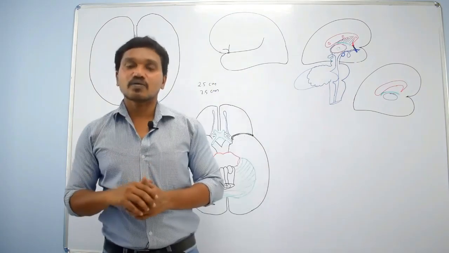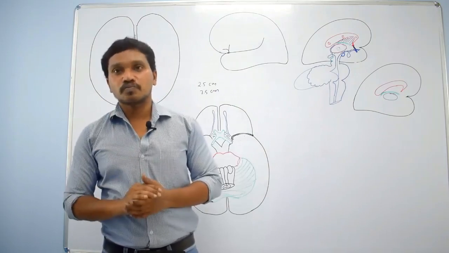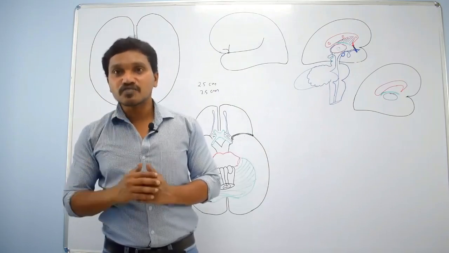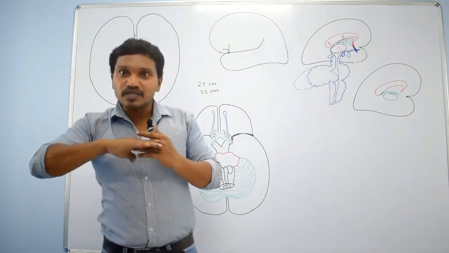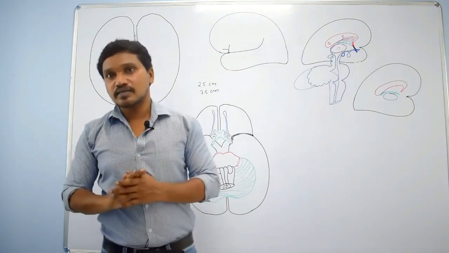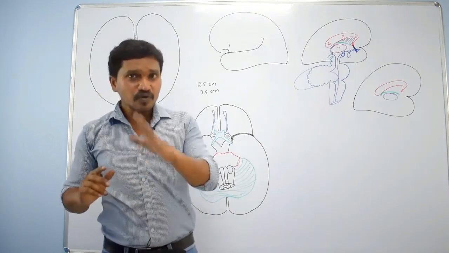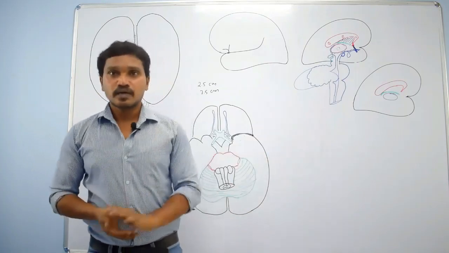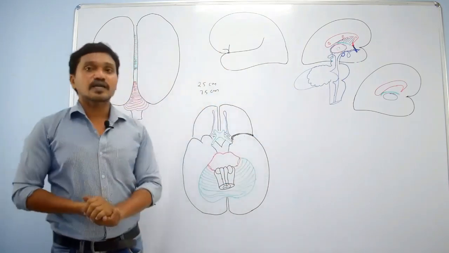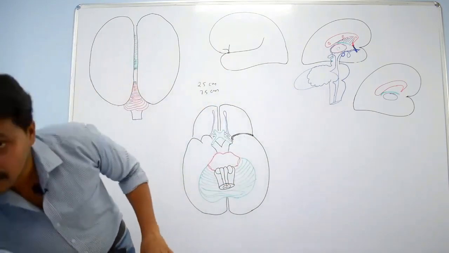That cortex, we call the insular lobe. How has it formed? It is buried because of the formation of the lateral sulcus. That lobe I will tell you after completion of all these things. So that is about the lateral sulcus. Clear?